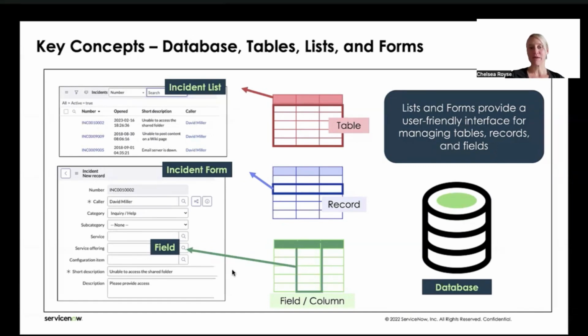So there's all different tables. There's incident tables, there's user tables, but list and forms provide a user-friendly interface to help with managing tables, records, and fields. And this is a database that you can use inside of ServiceNow.